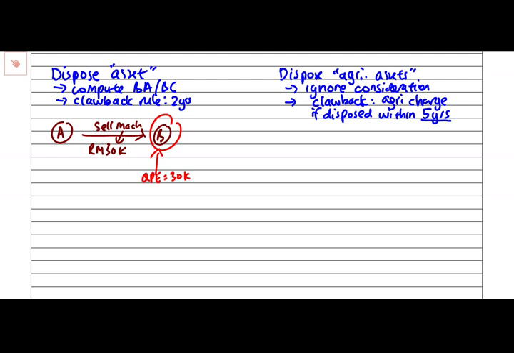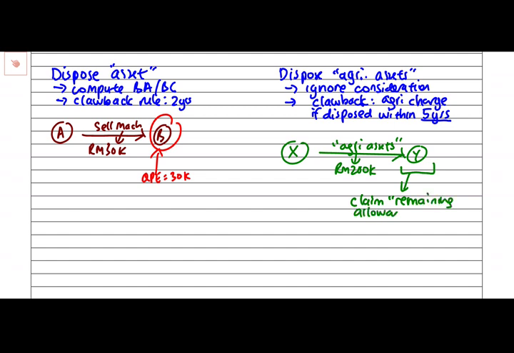Now, there's a slight problem here if it's an agriculture allowance. Agriculture allowance works in this way. If X disposes of an agricultural asset to Y, and let's say you're selling it for 200,000, what happens to Y is you will claim the remaining allowance.